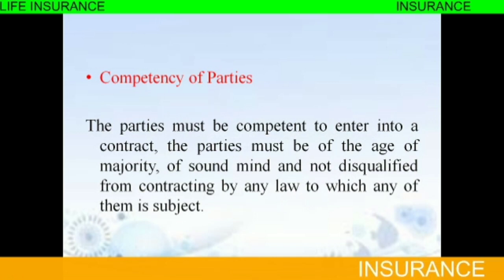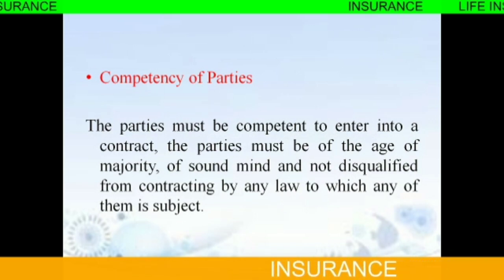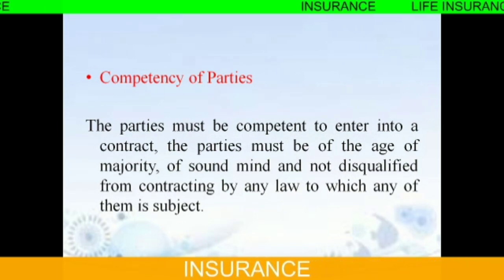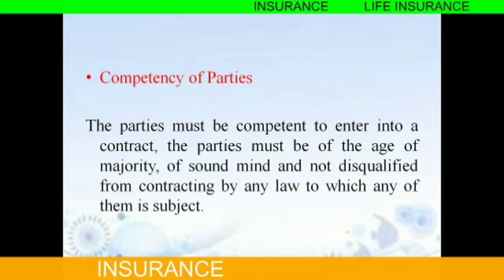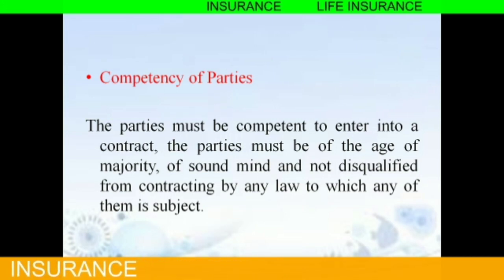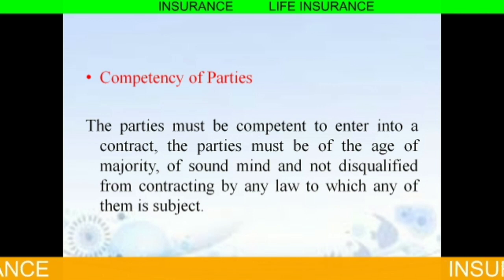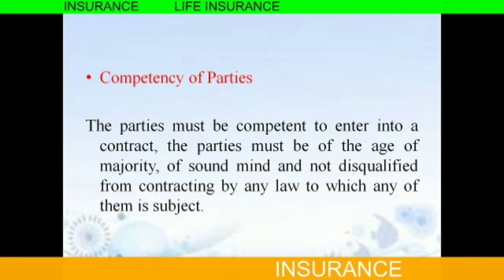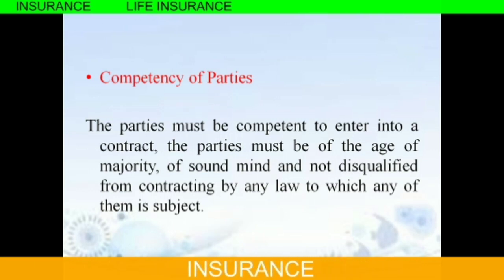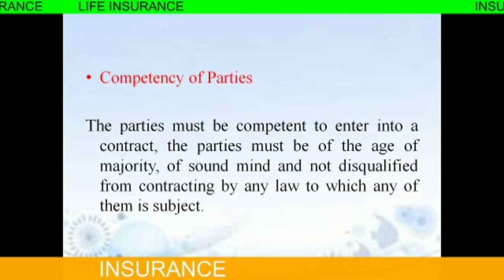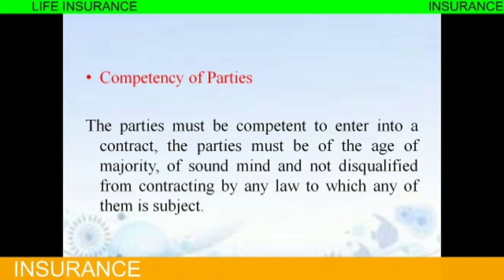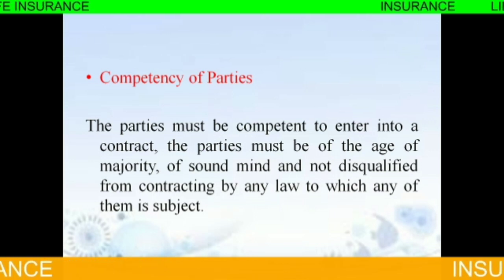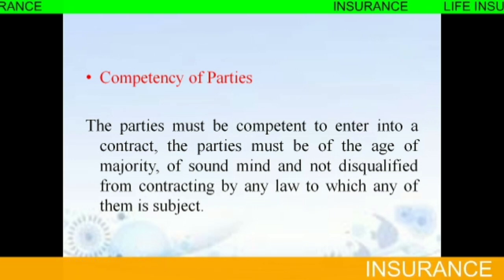And the next one is the competency of the parties. The parties must be competent to enter into a contract. The parties must be of the age of majority, of sound mind, and not disqualified from contracting by any law to which any of them is subject.